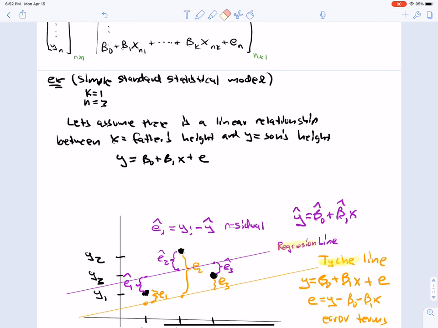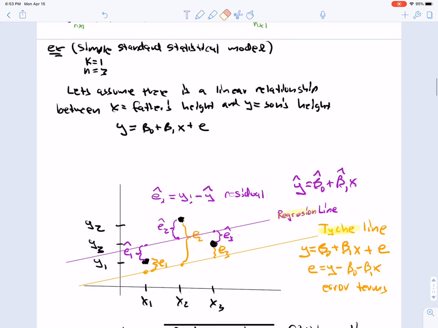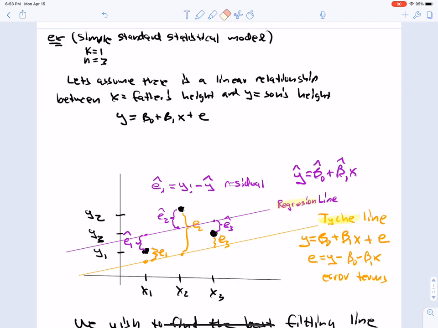So in the case of the simple standard statistical model, when k is 1 and let's say 3 observations, let's assume that there's a linear relationship between x is father's height and y son's height, given by our model here. y is beta 0 plus beta 1 x plus e.